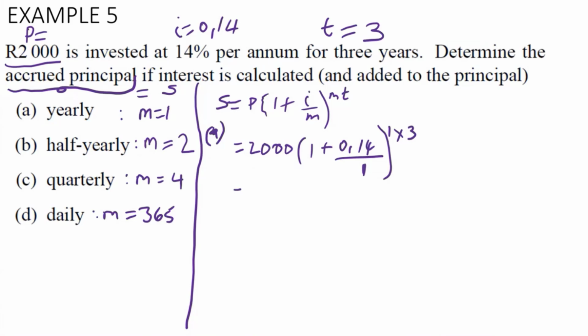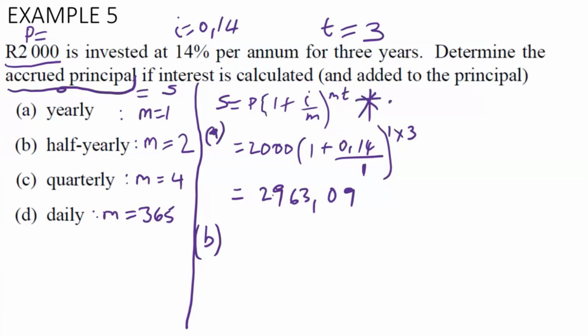So when you plug everything into your calculator, your answer is going to be 2,963,09.